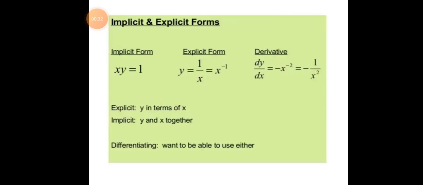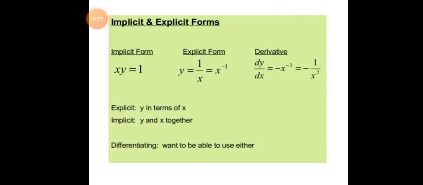Then the derivative is dy divided by dx equals negative x to the power of negative 2, which equals negative 1 divided by x squared. In the explicit form, y is in terms of x, while in the implicit form, y and x are together.